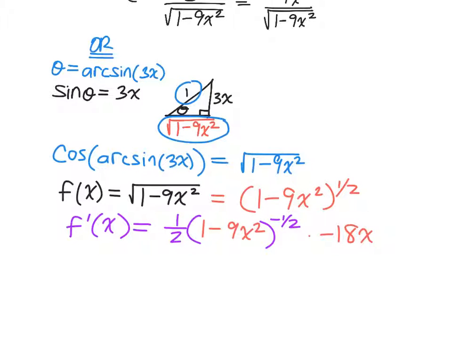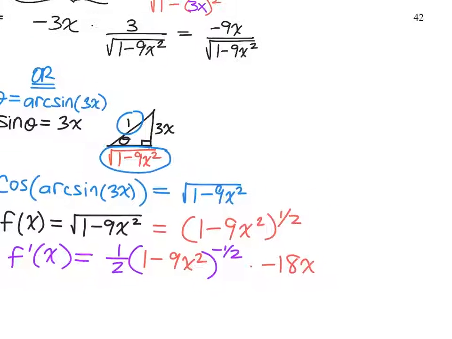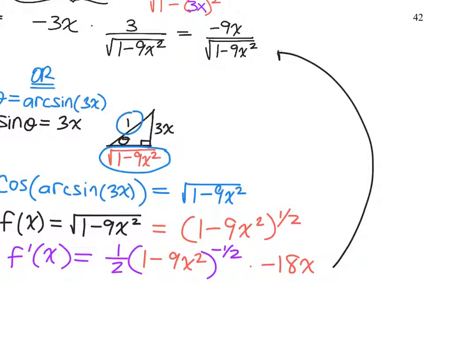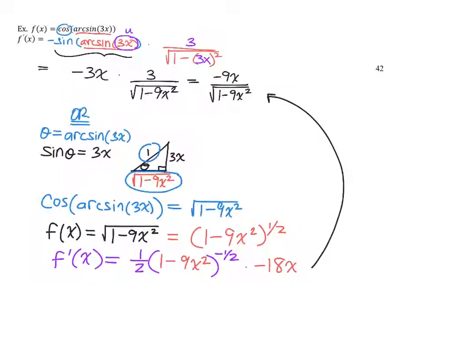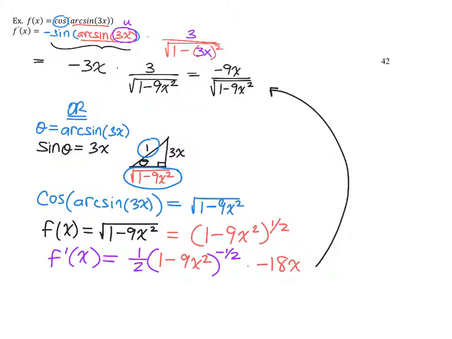Clean it up, and you know what it's going to end up giving you. All right, so one way or another, you get the same thing. And I would say that the level of difficulty is probably the same either way.